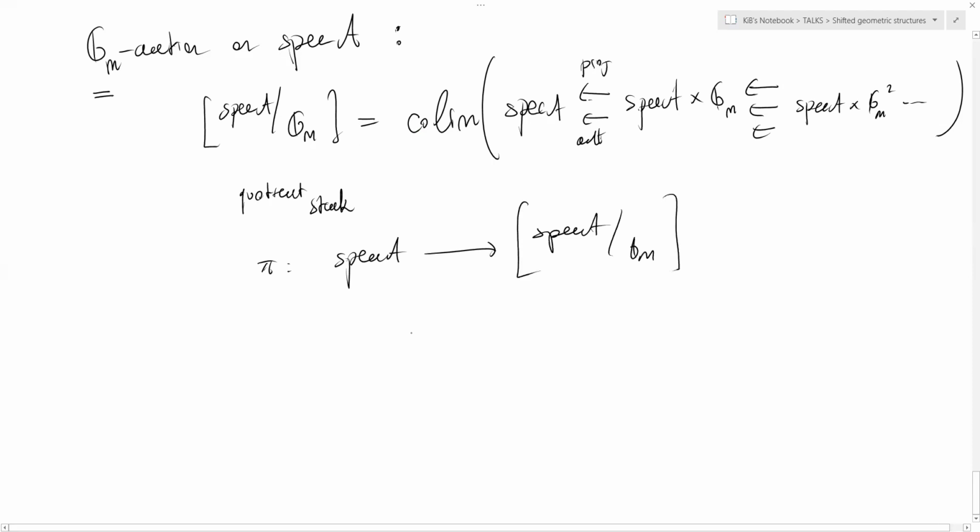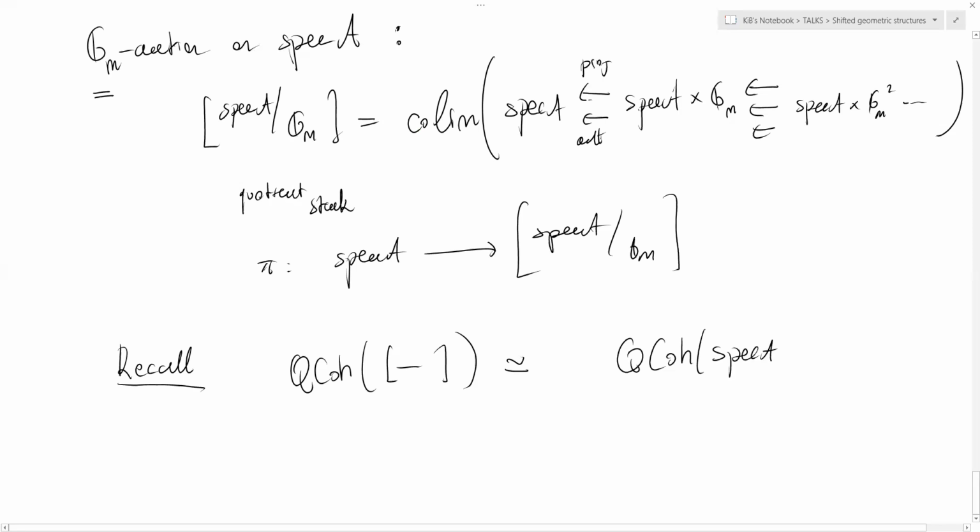Okay. And we have a nice fact about these things. If you want to understand the quasi-coherent sheaves on this quotient space, there is a nice relation. These are almost like the quasi-coherent sheaves on spec A, but we consider the GM-equivariant ones. Okay, so these are GM-equivariant quasi-coherent sheaves on spec A. So what does it mean?